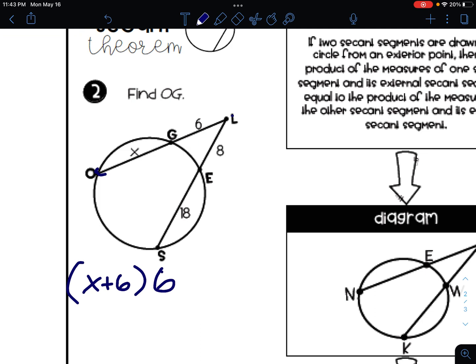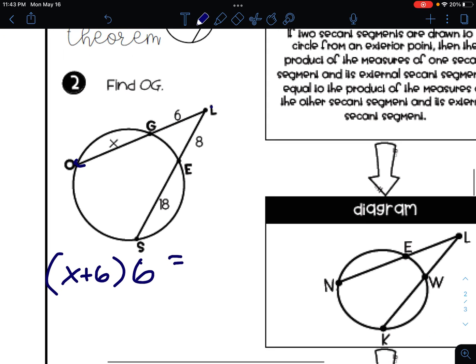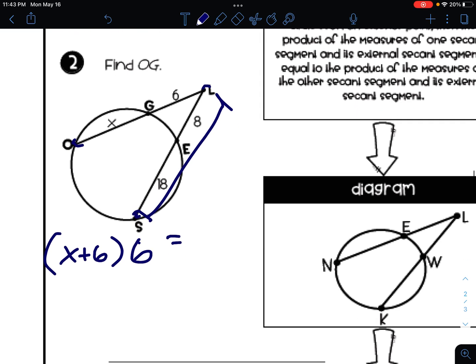So it's like the whole times the outside is equal to the whole. Well, the whole is from S to L, 18 and 8 makes 26, times the outside segment, which is 8.